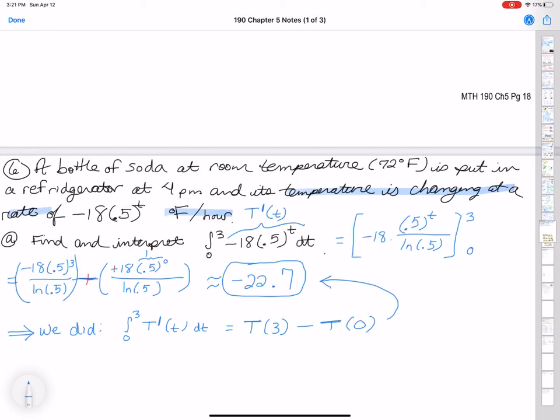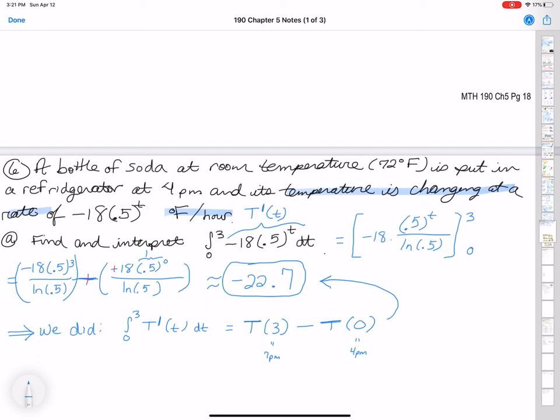So this is the change in temperature over these 3 hours. And if the time at 0 is 4 p.m., then 3 hours later, of course, would be 7 p.m.